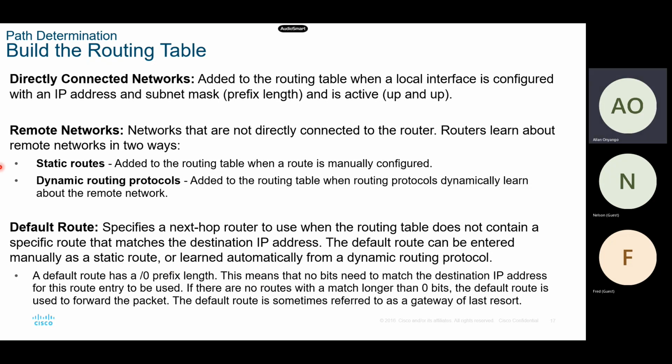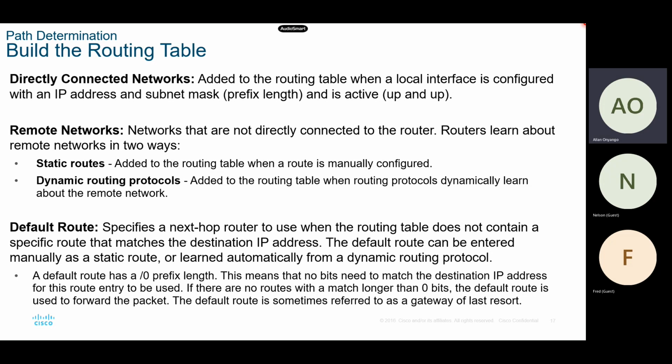Because when the router is just new, the routing table is always empty. Okay. The routing table is always empty. But there are a few things that, when they are done, make the routing table begin populating itself. And those are some of the concepts that I want us to look at right now.